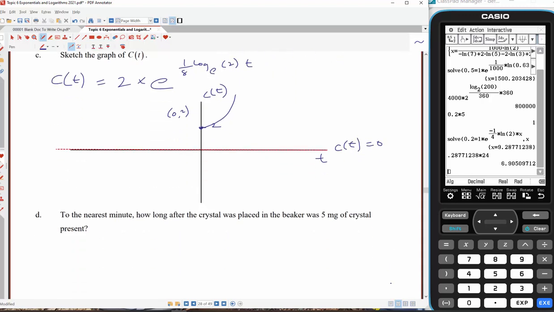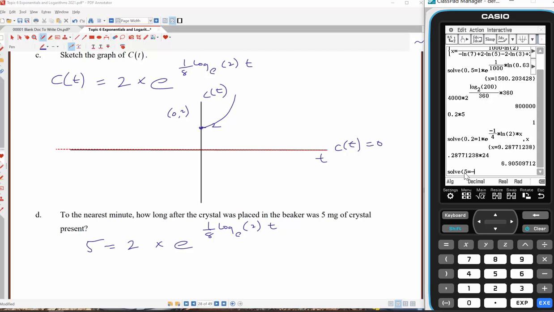To the nearest minute, how long after the crystal was placed in the beaker was 5 grams of crystal present? So 5 equals 2 times e to the 1/8 log e 2 t. Right, so I could also put 1 and 2.5, it doesn't really matter. Okay. So I could go the unit approach on this one, but because the numbers are a bit more clunky, I won't.